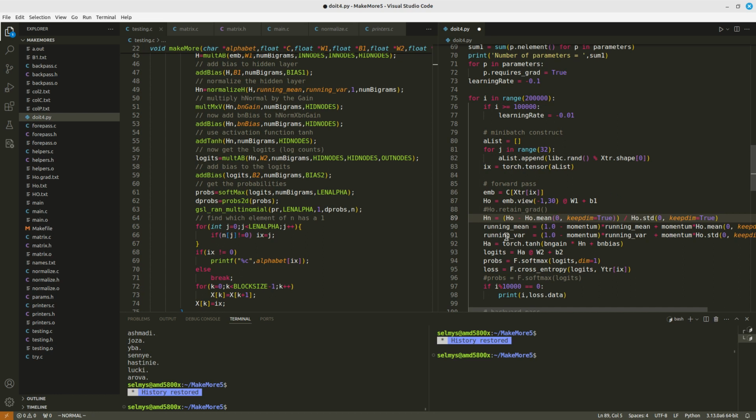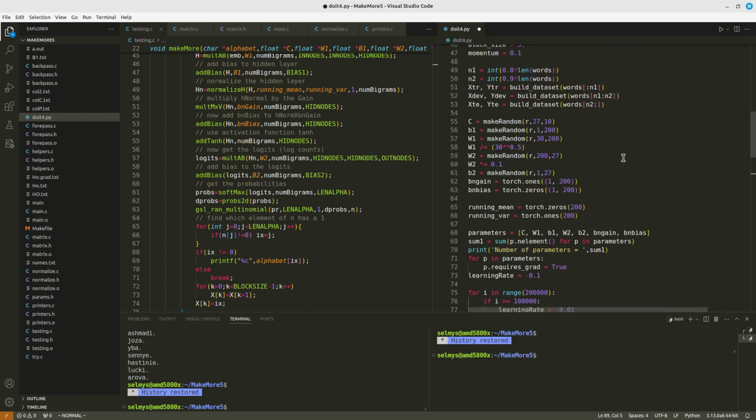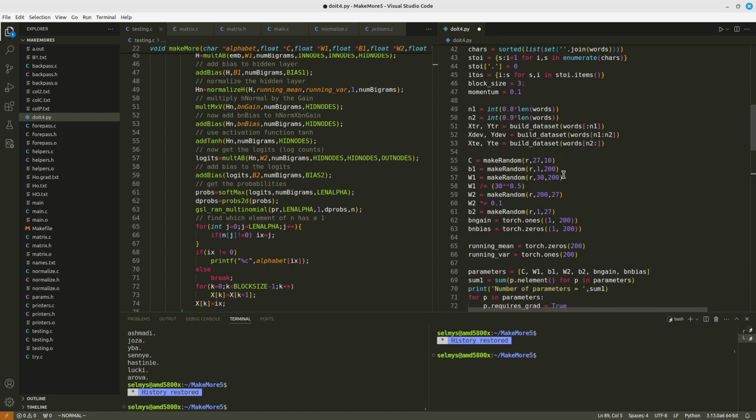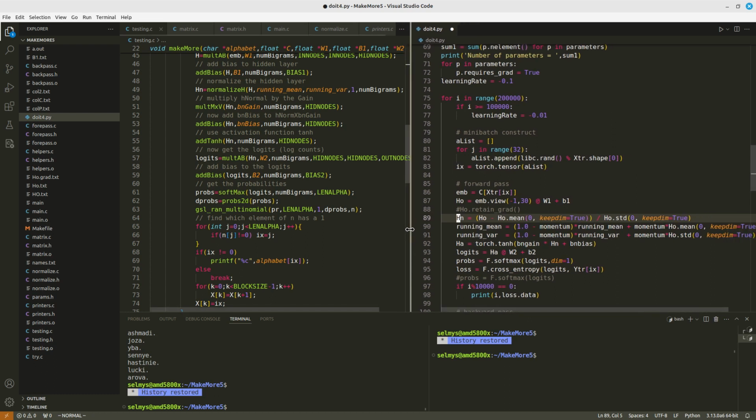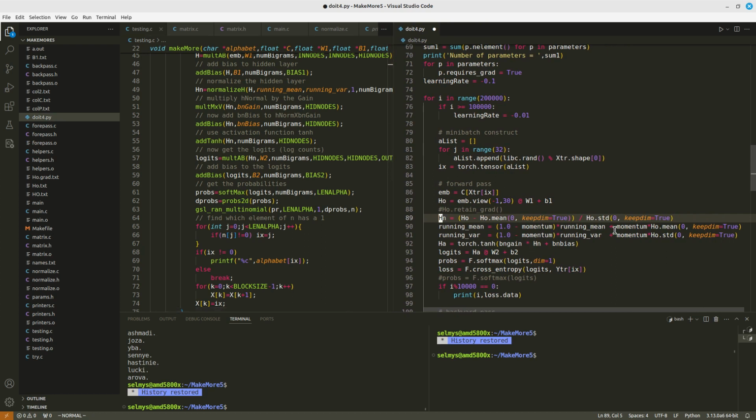And here's where we keep track of the running mean, and here's where that momentum comes in. Remember, one of the new parameters I introduced up here was the momentum, 0.1. So you can see down here, the running mean is just going to be 1 minus the momentum times the running mean, plus the momentum times the running mean of the original neurons, HO.